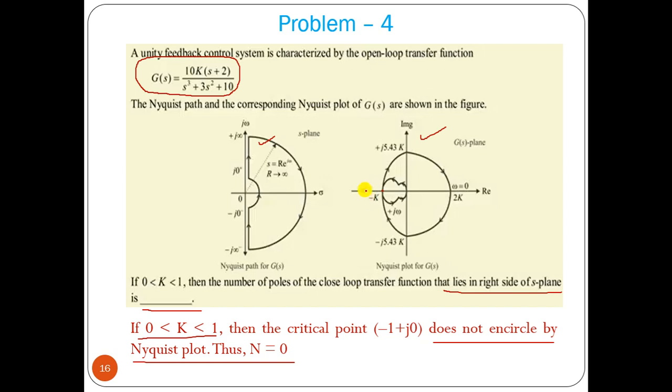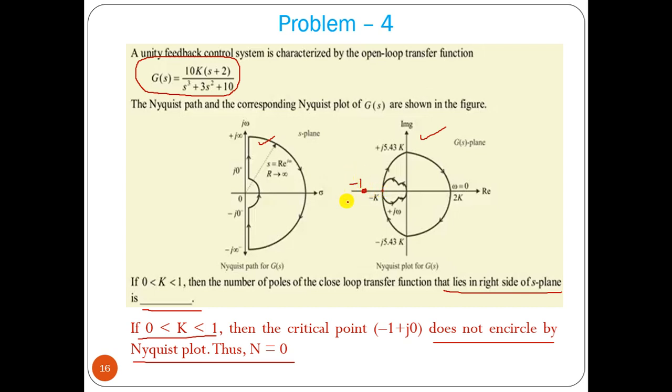That means if this is your minus 1 point, then this point is what? 1 is greater than k. So k is less than 1.